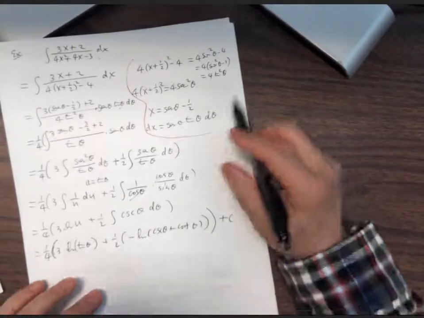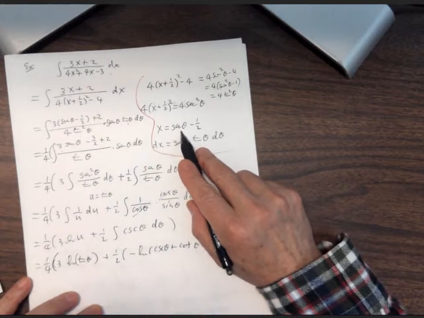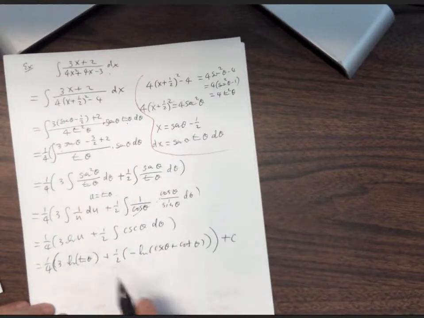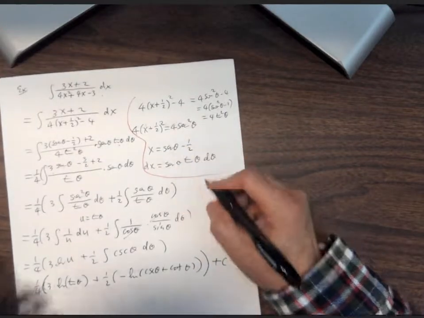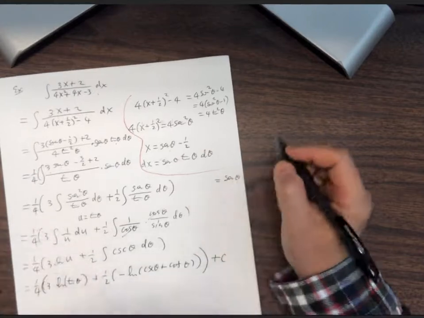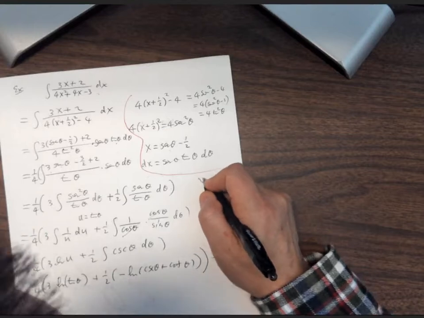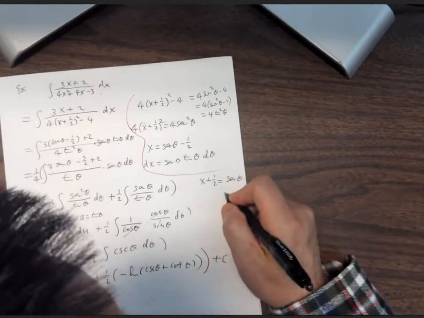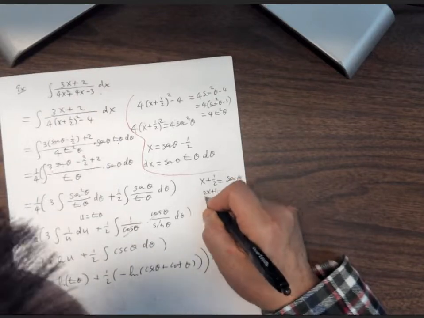Again, we need to create a right triangle based on the substitution in order to get rid of theta. Look at our substitution. Our substitution basically says secant is x plus 1/2, or 2x plus 1 over 2.